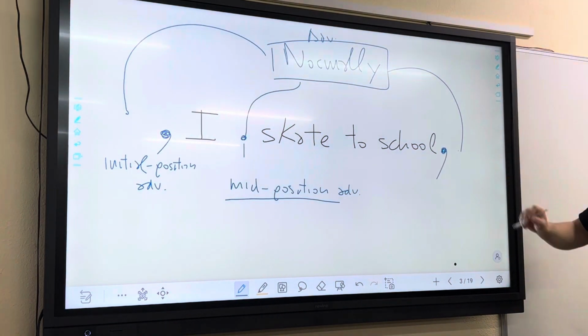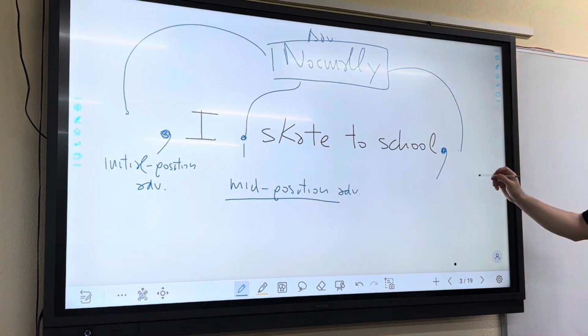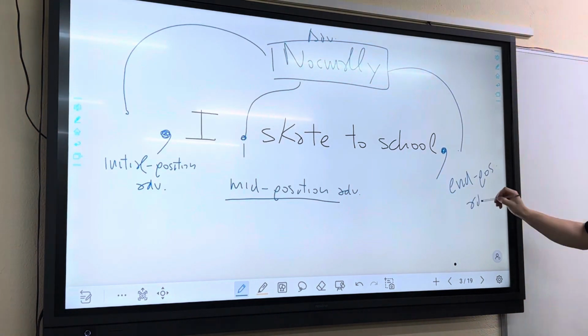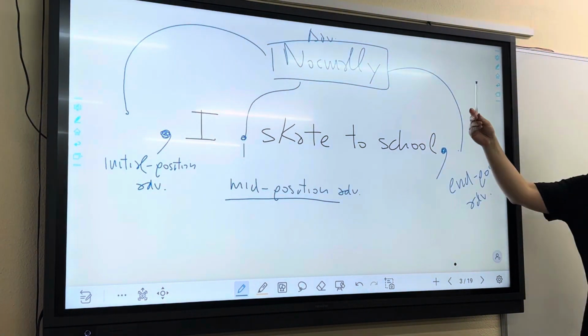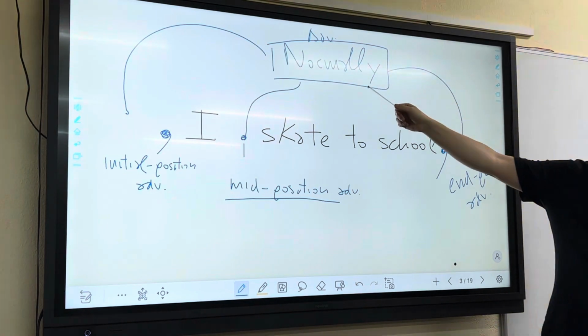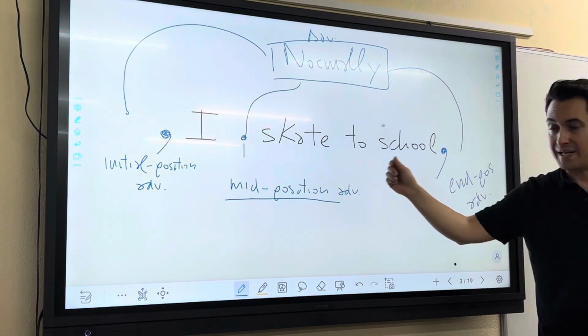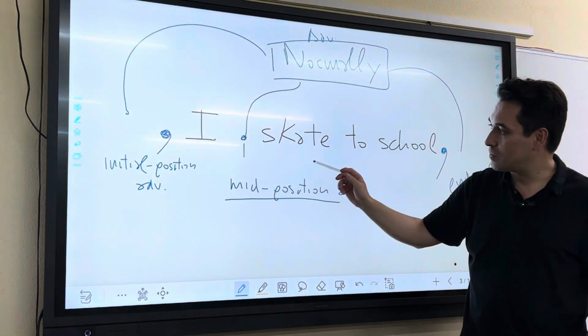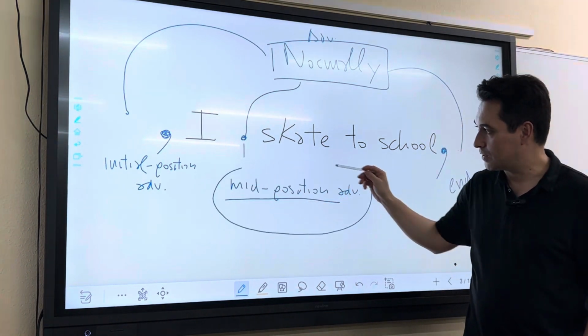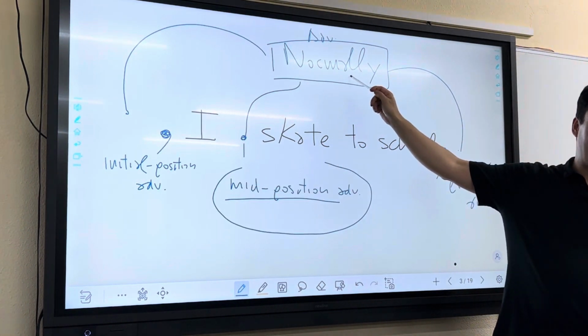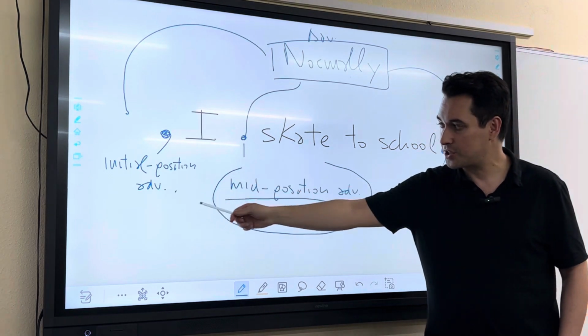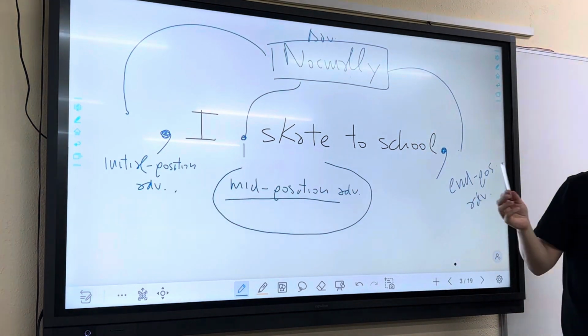This is called end position adverb. Okay, normally is a very flexible adverb. It can go in many positions. The most natural position is the mid position. However, it can go in initial position and end position either.